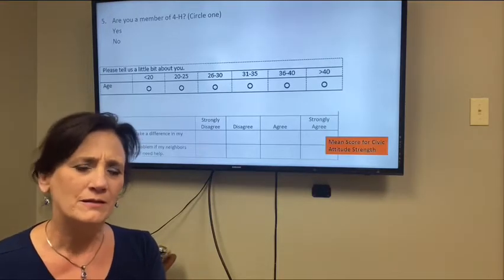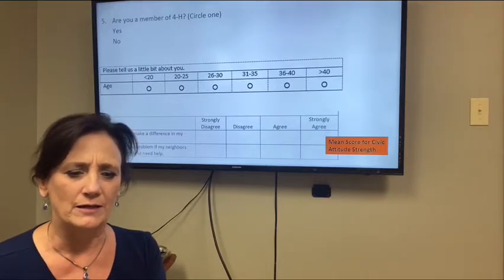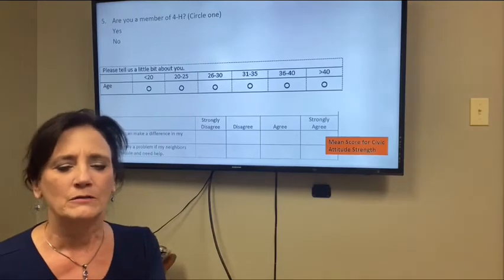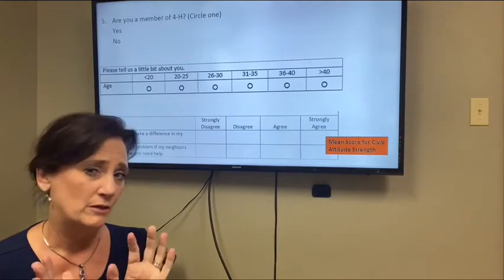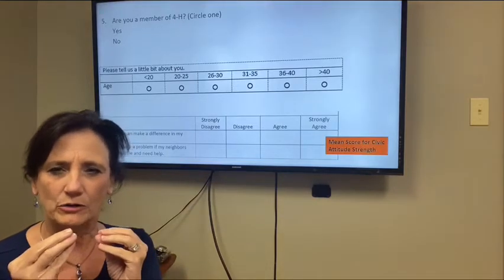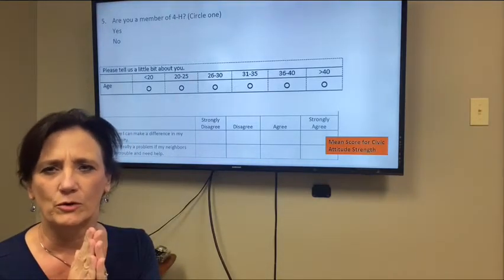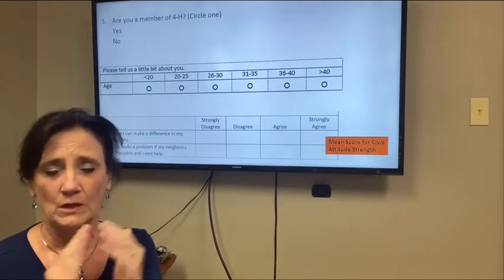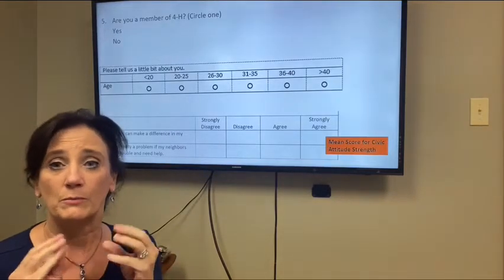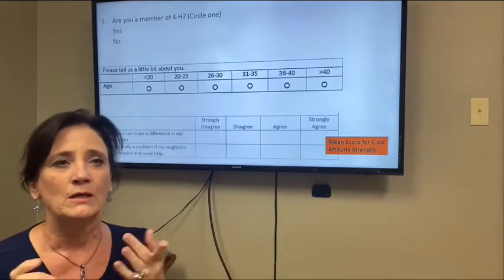To set the stage for this correlation question, let's look at a few variables that really drive how you decide which correlation coefficient to use. There are three types of variables pertinent to today's lesson.